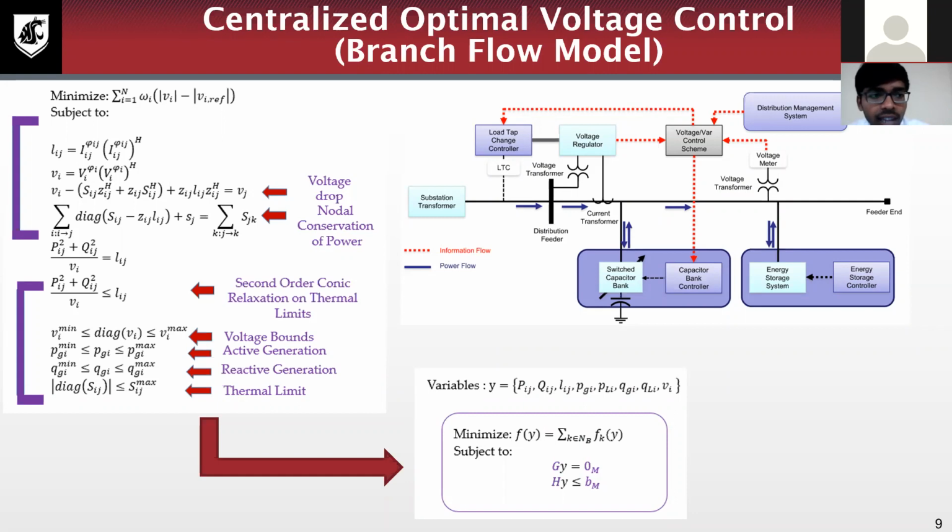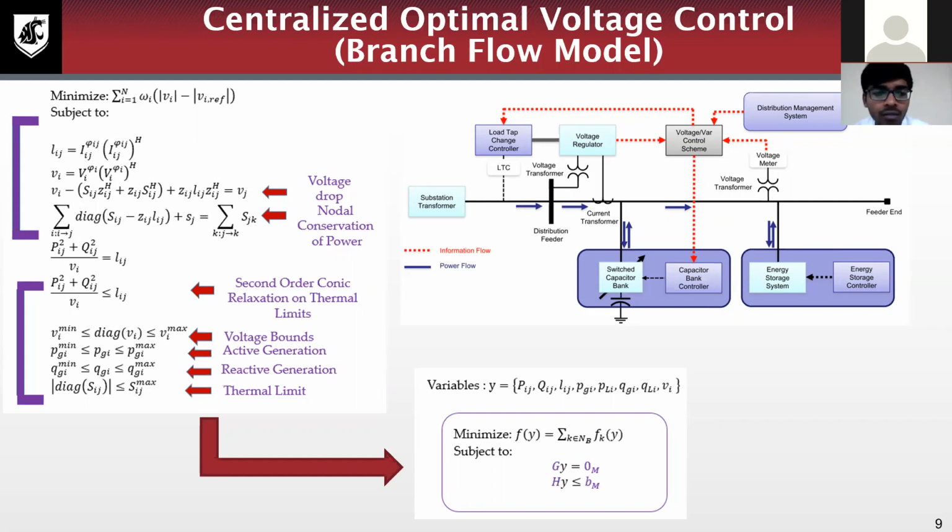So Lij will be a 3x3 matrix, and it becomes 3x3 because we are now dealing with unbalanced three-phase distribution systems. If it had been a single-phase distribution system, Lij would be just a 1x1 variable. Similarly, Vi will also be a 3x3 matrix.